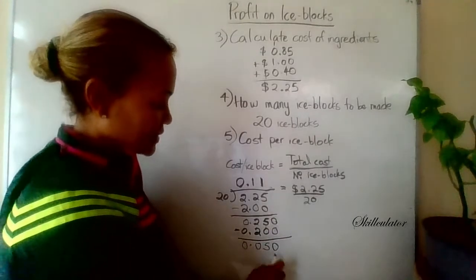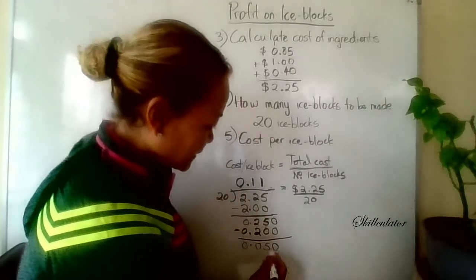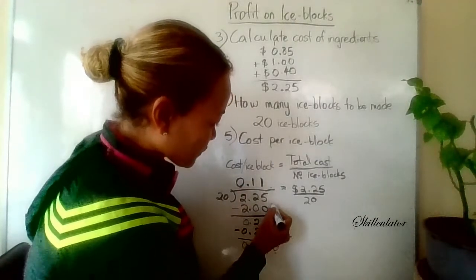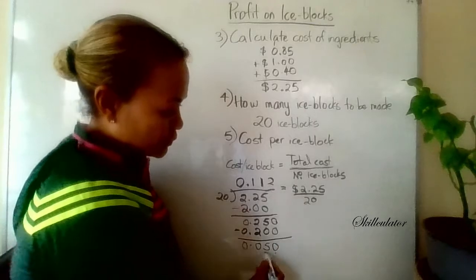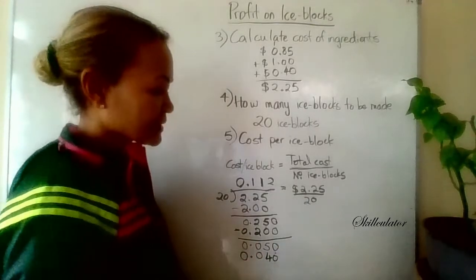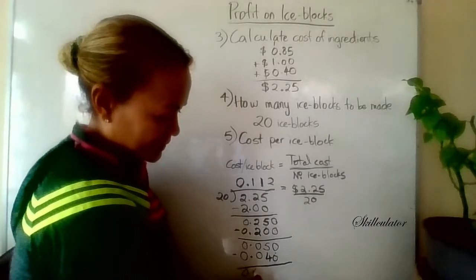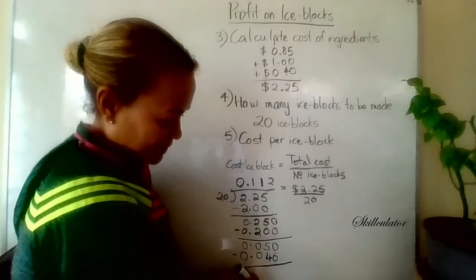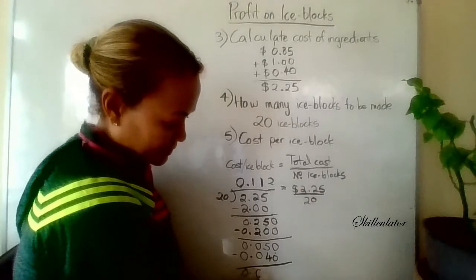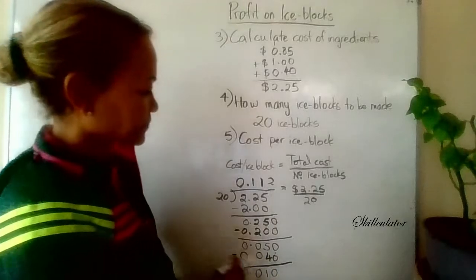Does 20 go into 50? Yes, so we're using these 2 times. The 2 will be on top of this 0 here. 20 times 2 is 40. Let's put the placeholder, align the decimal place, and put the 0 there. Minus, you will get again, let's align it properly. 0, 1, 0.